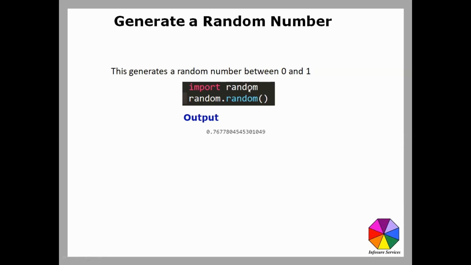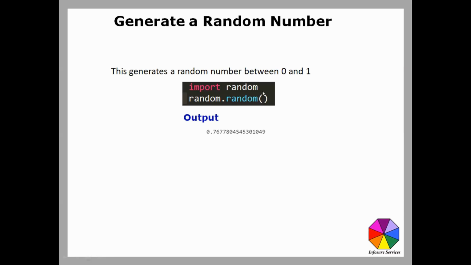Once you've got that module into your environment, I can use this random.random notation, which is module.function. This is a function random inside this module, so it's got this module name dot function name notation.